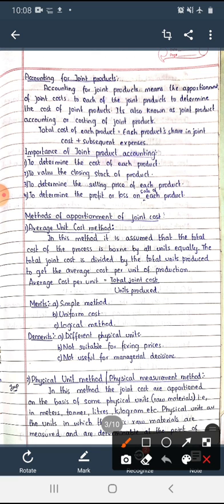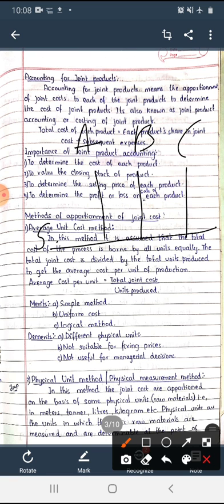There are three joint products: A, B, C. Till a particular point, they are produced together. This is the separation point. After this point, they are produced separately. Till this point, we cannot find the joint cost separately, because they are produced together, right?